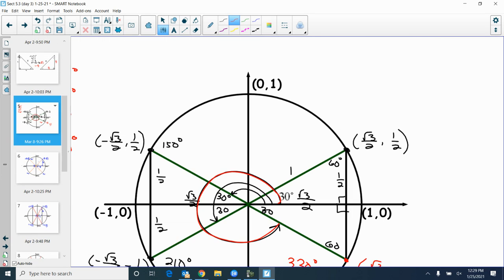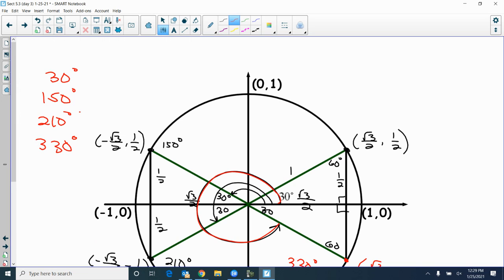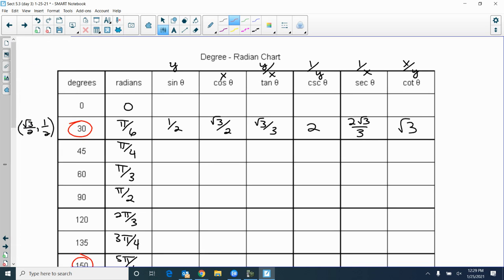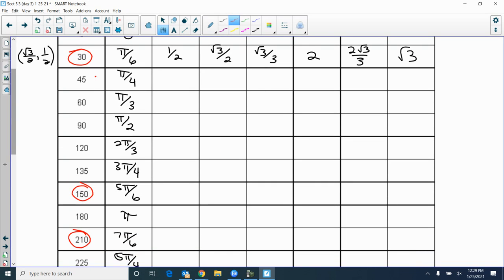And this is one we went over here in pretty much detail. So 30 degrees, 150, 210. They will all have the same answers with the exception of a positive or negative. So if you look at 150, it's in quadrant 2.